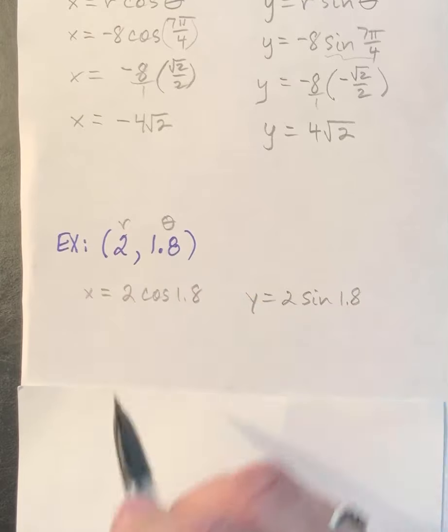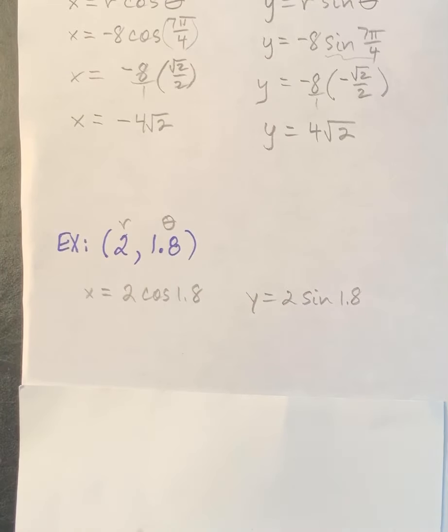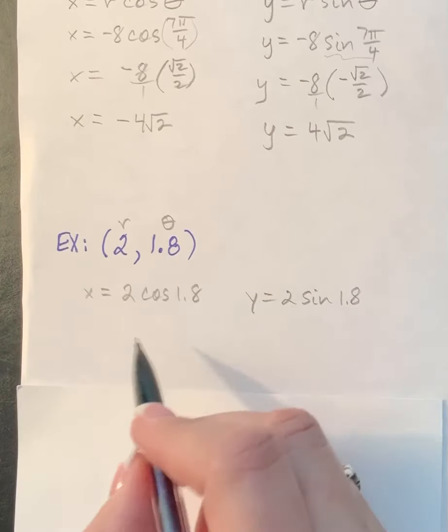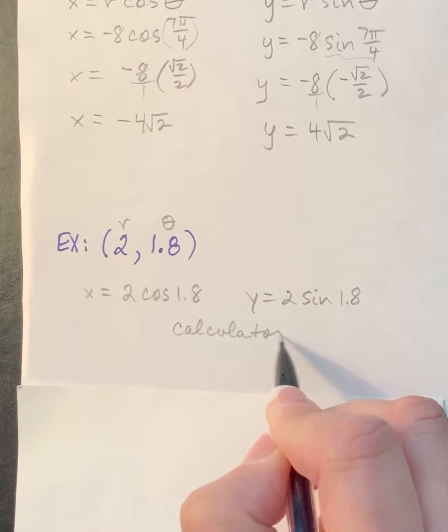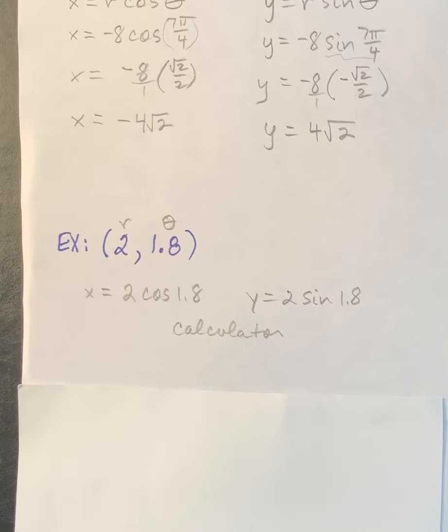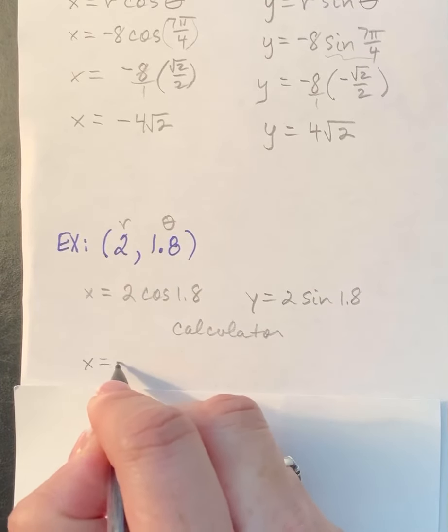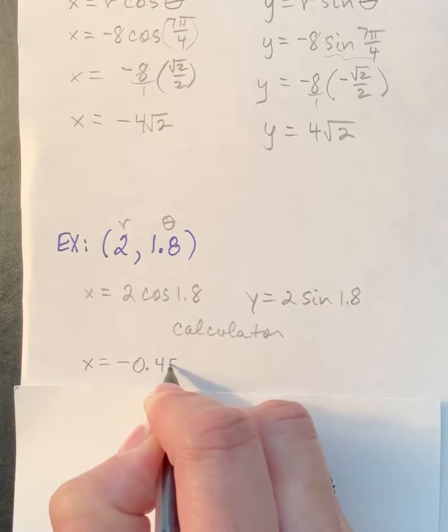And this is automatically in radians, and we don't have any special values. So from this point on, you use the calculator, and you round to whatever place that they might ask you to do. So 2 times the cosine of 1.8 radians, that's going to be -0.454.